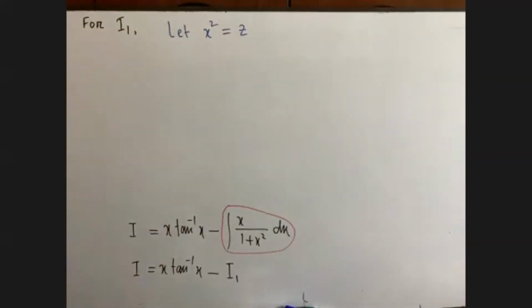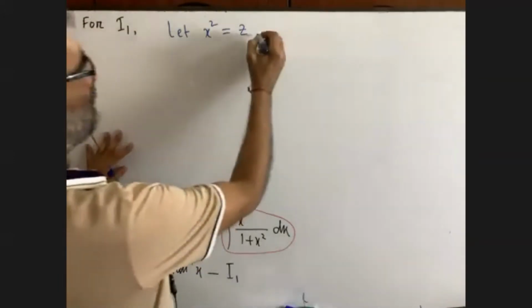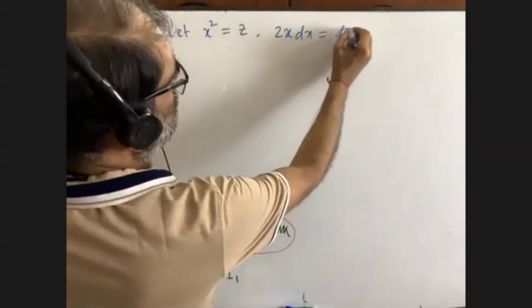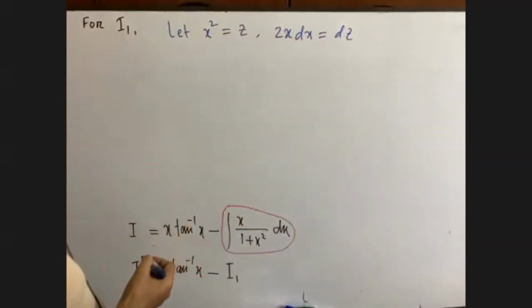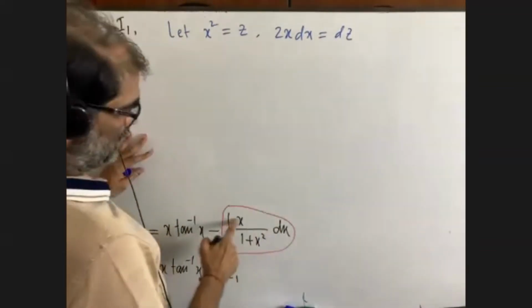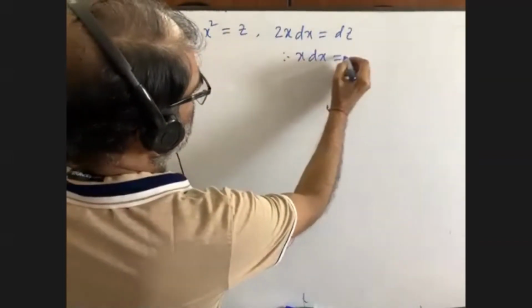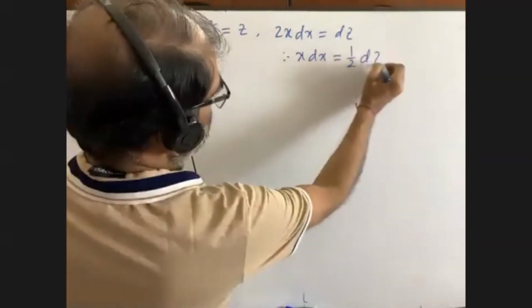That is, we are getting 2x dx equals to dz. That means we are getting x dx is equal to half dz, right?